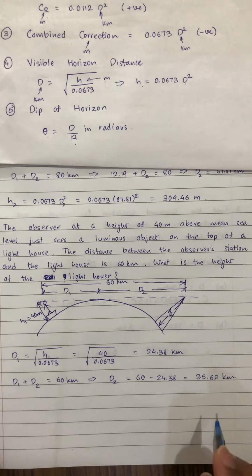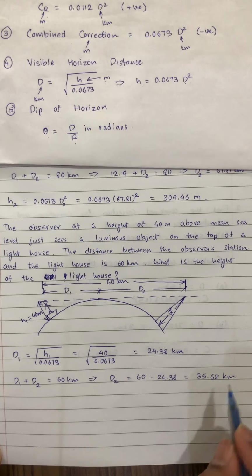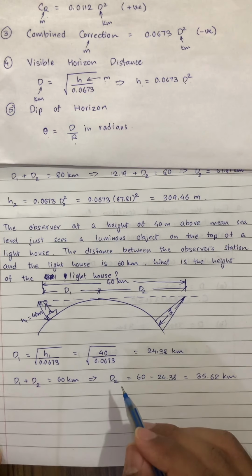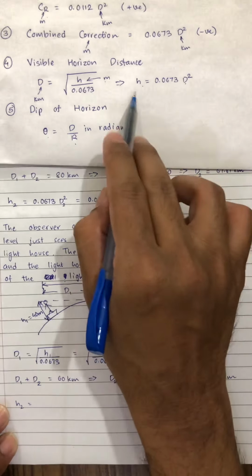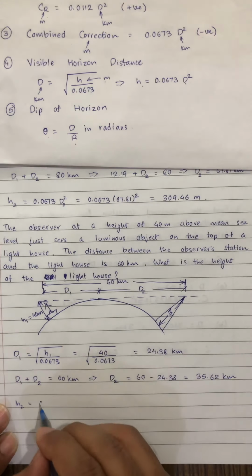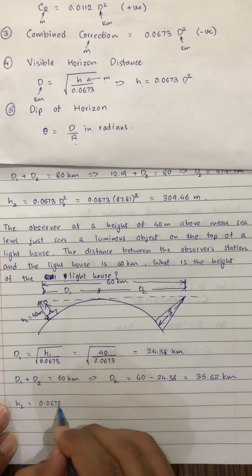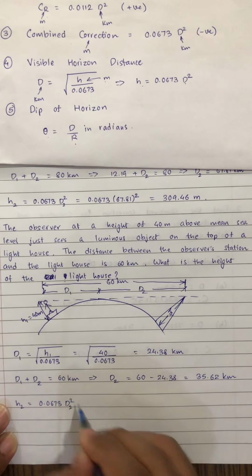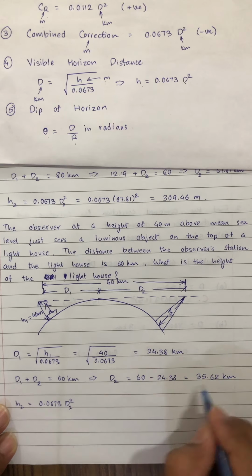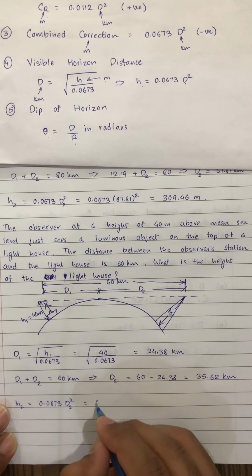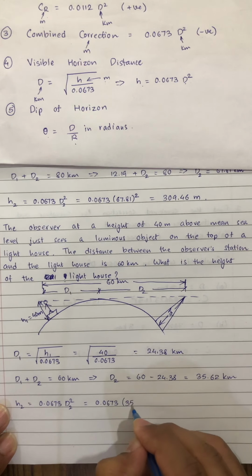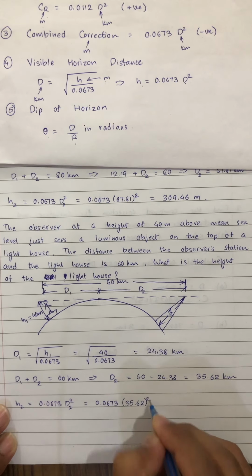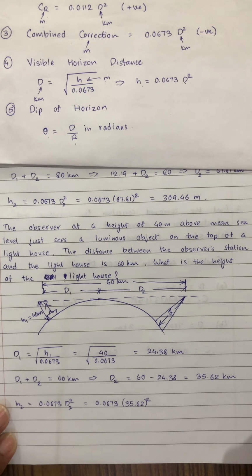Now as we got the value of D2, we can find the height H2. H2 will be equal to 0.0673 D2 squared. Now D2 is 35.62, so this is 0.0673 multiplied by 35.62 squared.